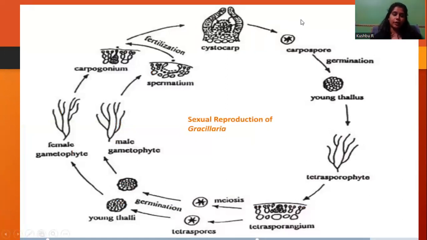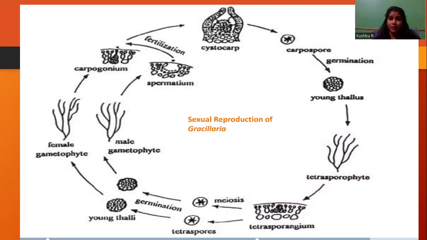Once your diploid zygote has been produced, it now develops, your carpogonium will now develop into a cystocarp. Your cystocarp will now produce carpospores. These carpospores, on a suitable substratum and favorable conditions, will start developing, and then they become young thalli producing tetraspores, as in they become tetrasporophytes.